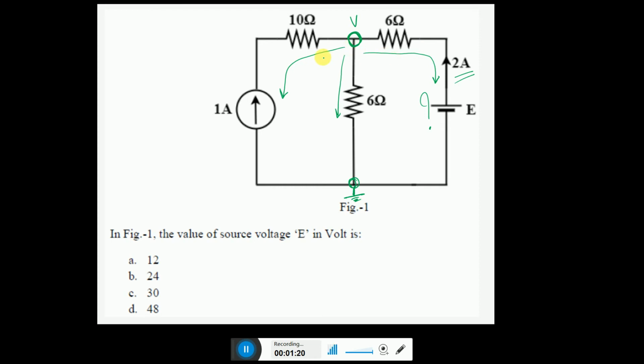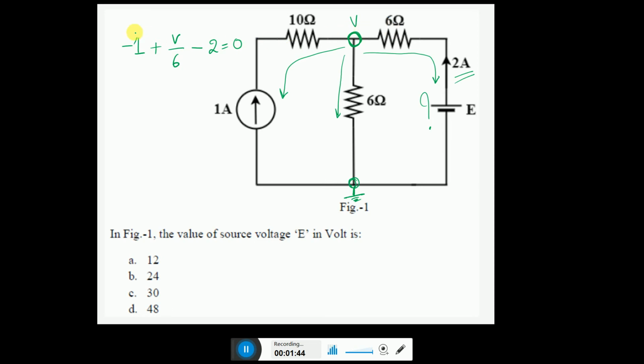So this current will be equal to minus 1, because 1 ampere moving upward is already given to you. The current which is going down is obviously V by 6, and the current going on the right hand side is given as minus 2. So one can write minus 2 here is equal to 0.